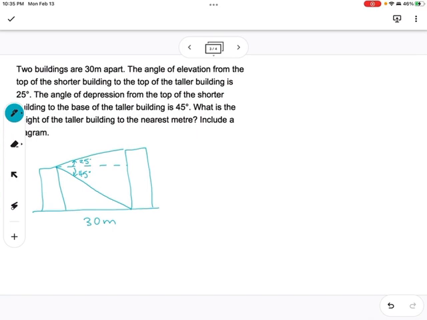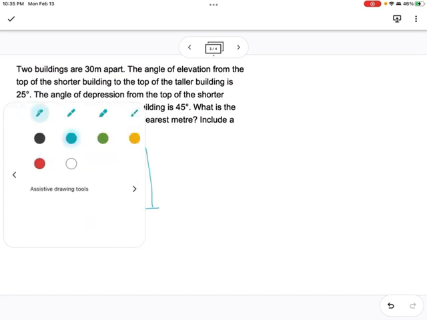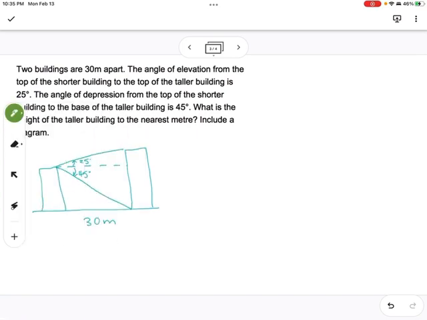So we have our diagram. We have two triangles looking very similar to our last question. We want to find the height of this triangle here, the height of this triangle here, and add those together.